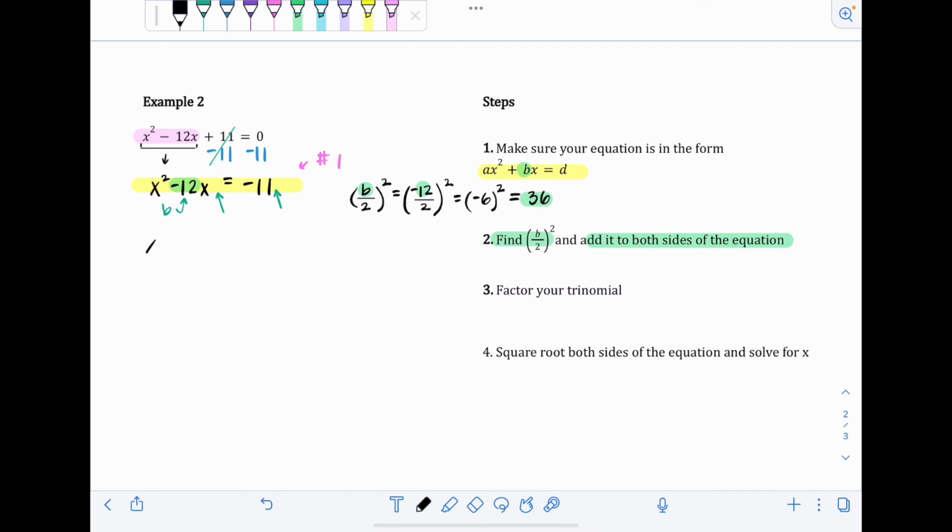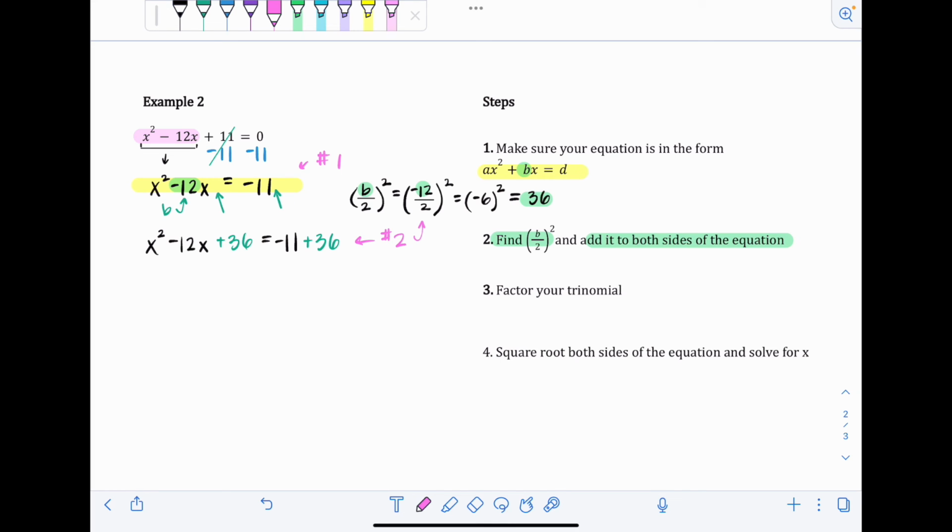So step 2 is going to look like x squared minus 12x plus 36 equals negative 11 plus 36 here as well. You always have to add it to both sides. And then now we can move on to step 3. So step 2 was this process, and also this process.